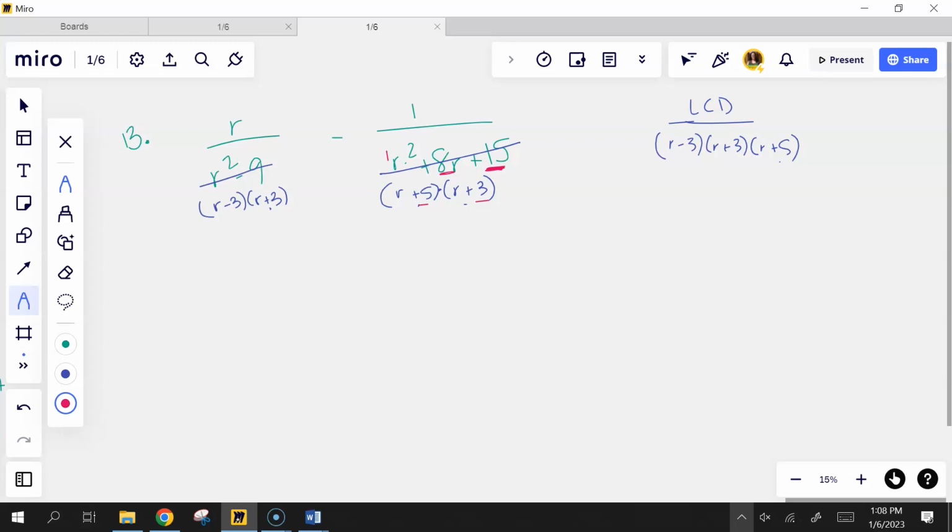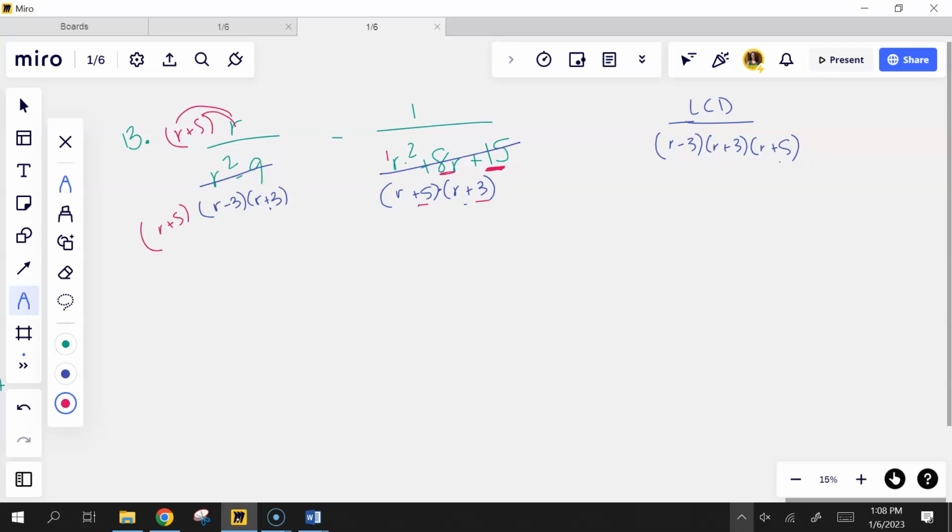Okay, so let's look at it. What do I need in the first fraction? The r plus 5. If I put it on the bottom, I have to put it on the top. This is going to be a distribute situation. What confused me with the other thing was that it would have like r plus 1 or something. Would you distribute both of them, or is it just whatever's on the fraction?